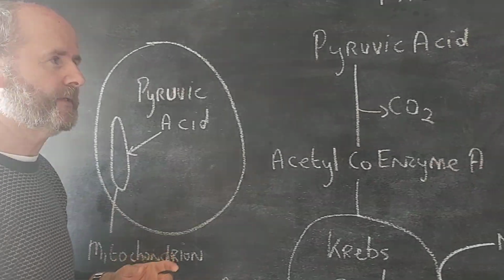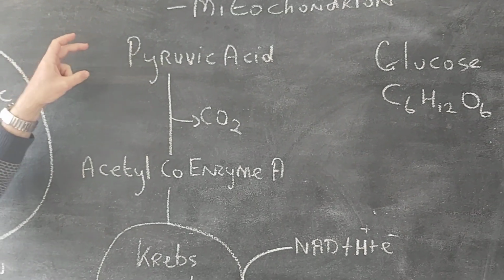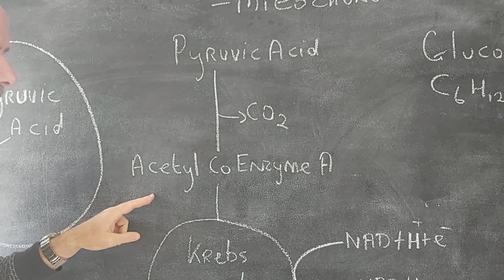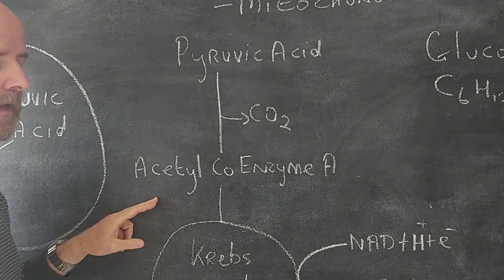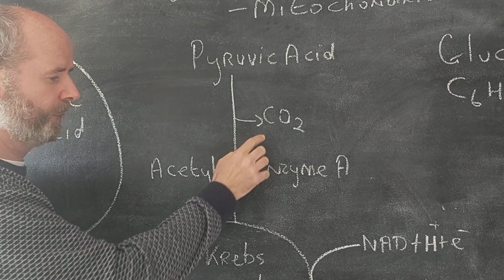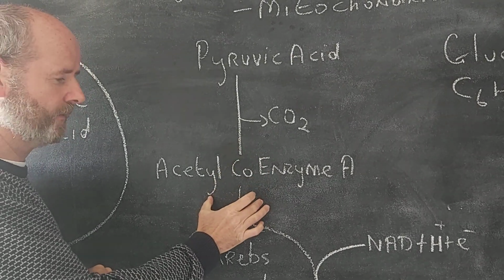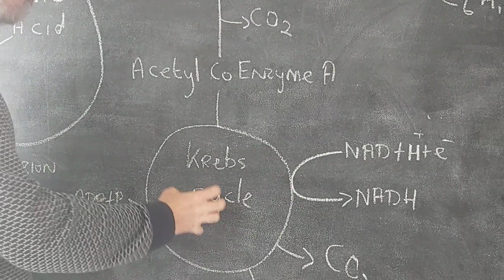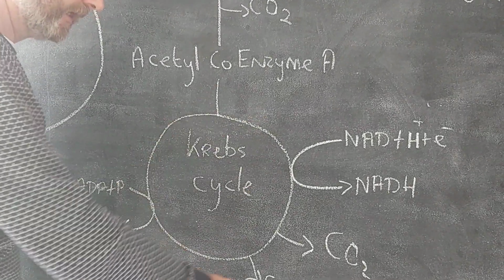So what happens to that pyruvic acid? The pyruvic acid will be converted to acetyl coenzyme A with the release of carbon dioxide. This acetyl coenzyme A goes through a particular cycle called Krebs cycle. So it is a cycle.